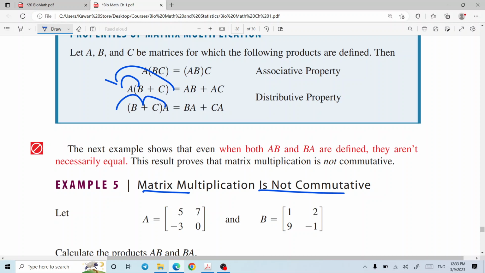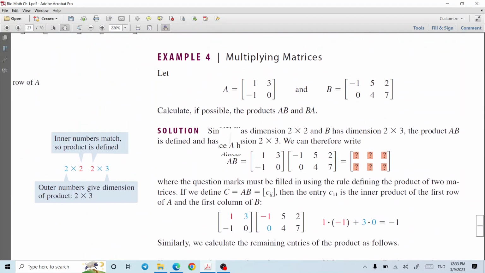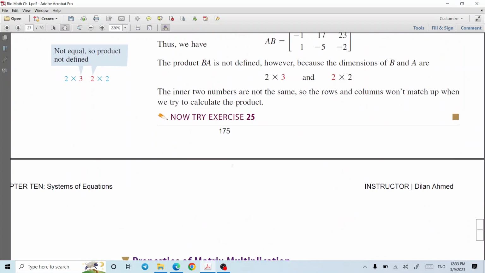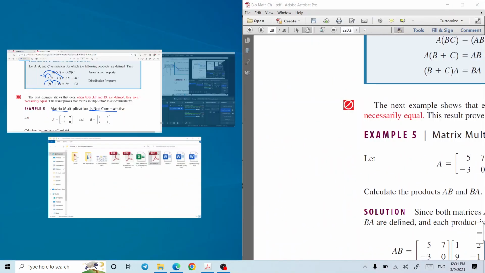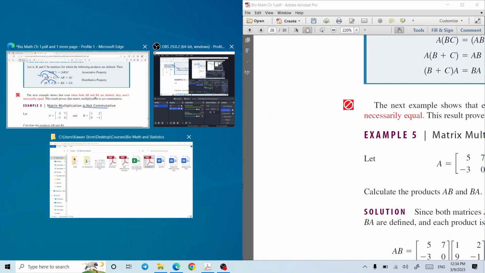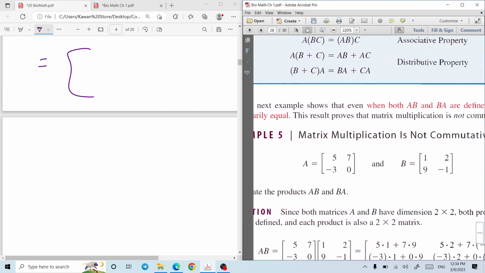What do you mean by they are not commutative? You say they are not commutative. What do you mean by that?